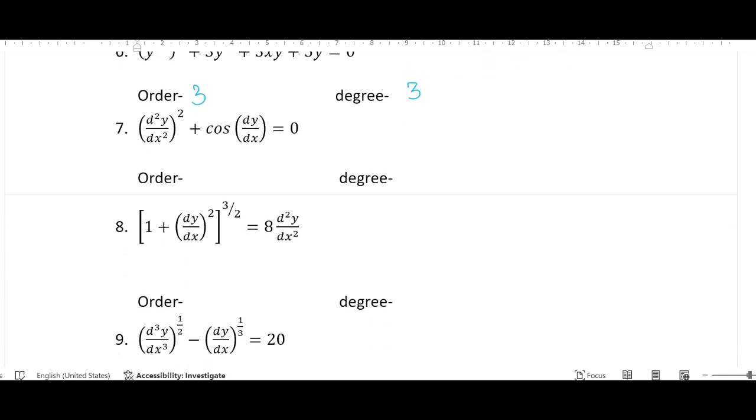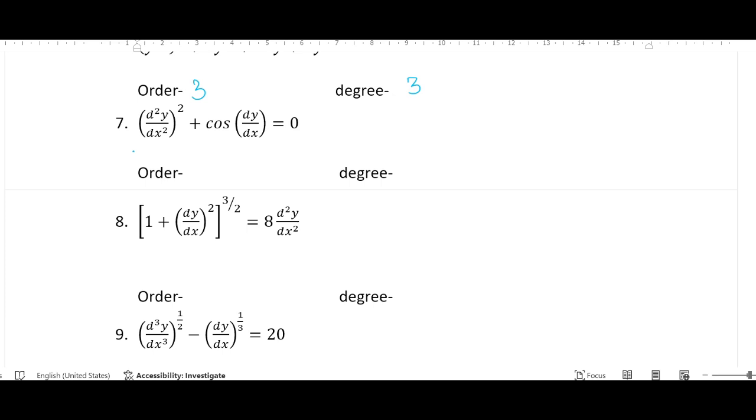Okay, moving on to the 7th question. Here, d square y by dx square plus cos dy by dx. So the first condition was that all of them should be in whole numbers, right? Are all the numbers in whole numbers? Is there any power or squaring going on here? Absolutely not, right? So we can say that all the terms are having whole numbers as their power. But for cos, you cannot really determine the power.